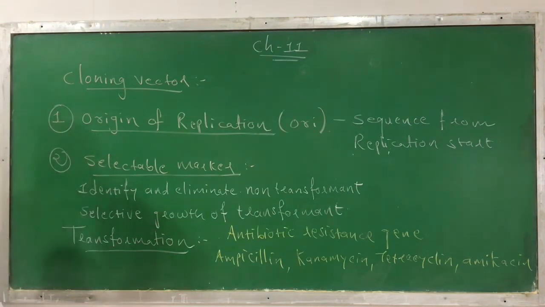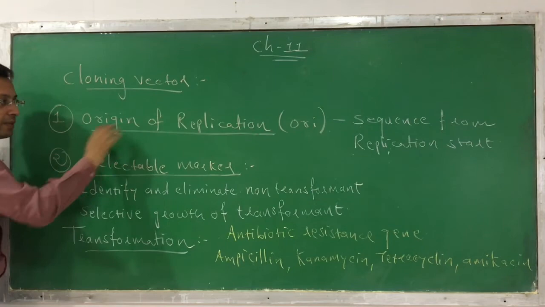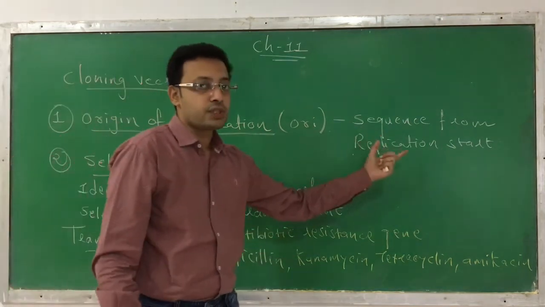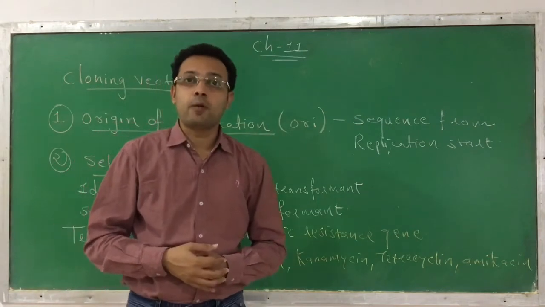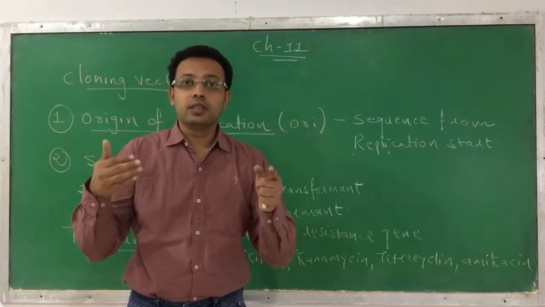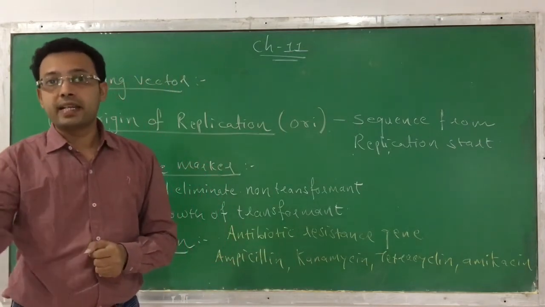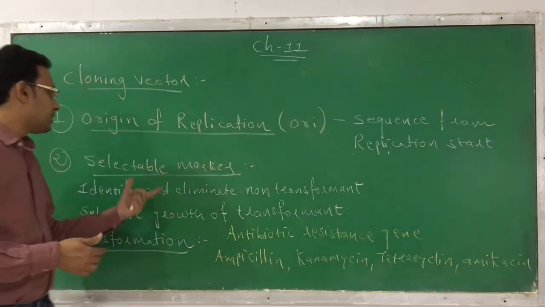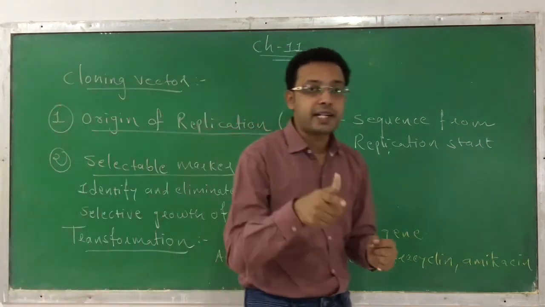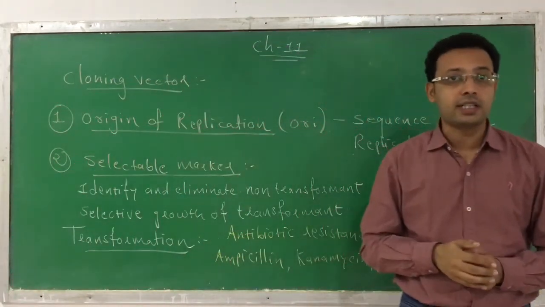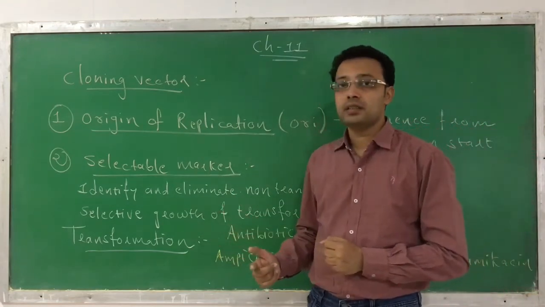So we have discussed the two requirements of a cloning vector. The origin of replication is the sequence from which the replication starts, and it can also decide the copy number. The foreign DNA should link with this origin of replication to make it replicate. The second requirement is the selectable marker. These identify and eliminate the non-transformant, and they selectively allow the growth of a transformant.